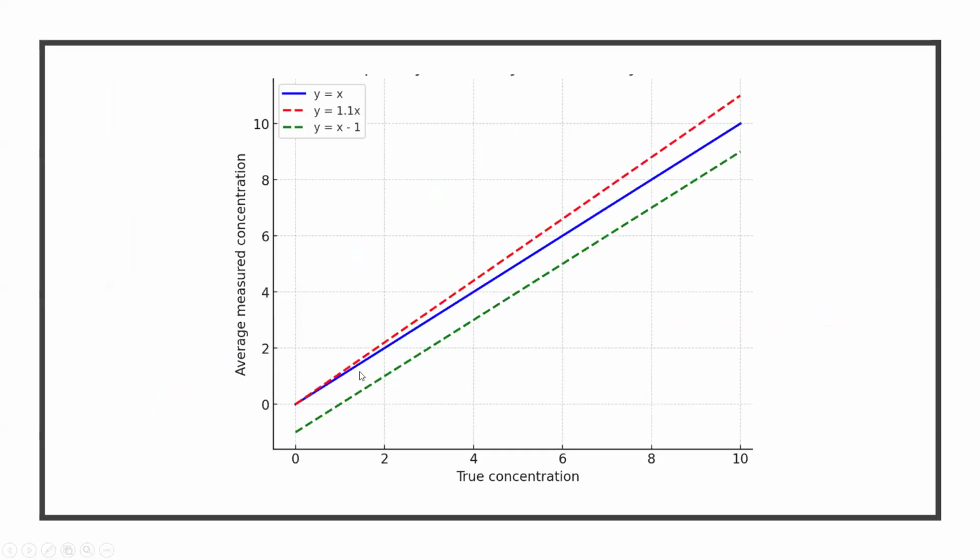But if the line diverges from unity, so it starts off at unity, but then diverges, then there's a proportional bias, and this means that there's more bias in the method as the true concentration increases. And you can describe that proportional bias with y equals mx, where m would be the term that describes your proportional bias. This is how I drew the red dotted line.